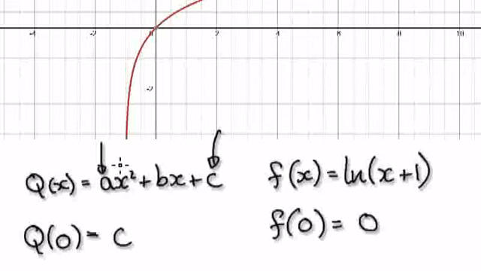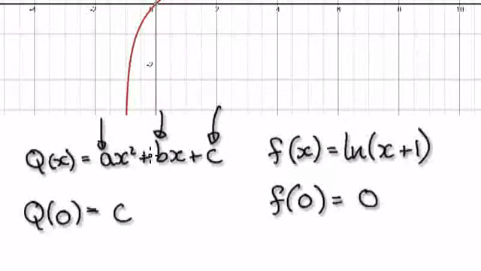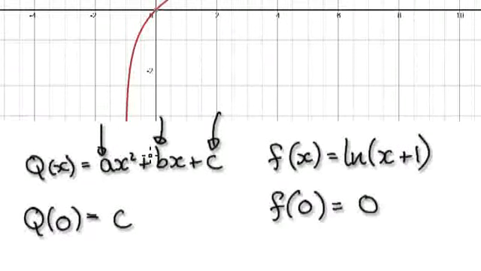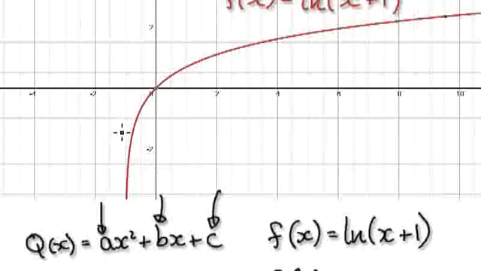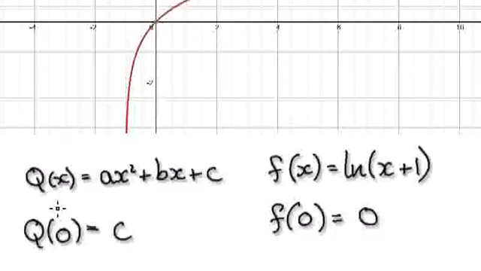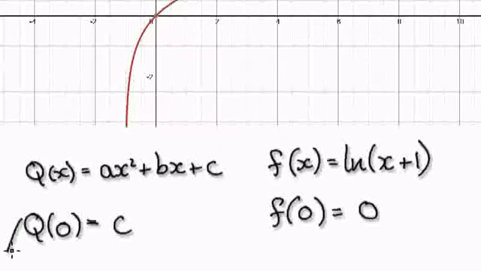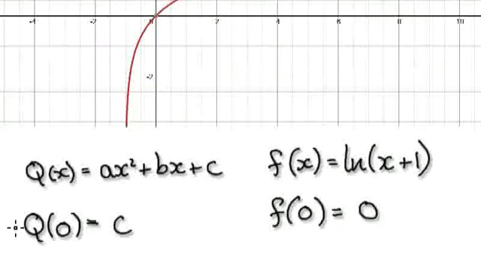Now you've got to find out a and b, and the way you do that is to look at the first derivative and the second derivative. Just press pause and have a go. I've already done c for you, so find out a and b.